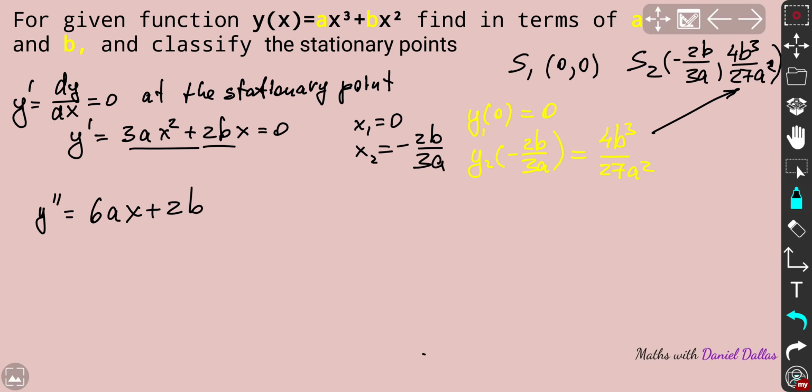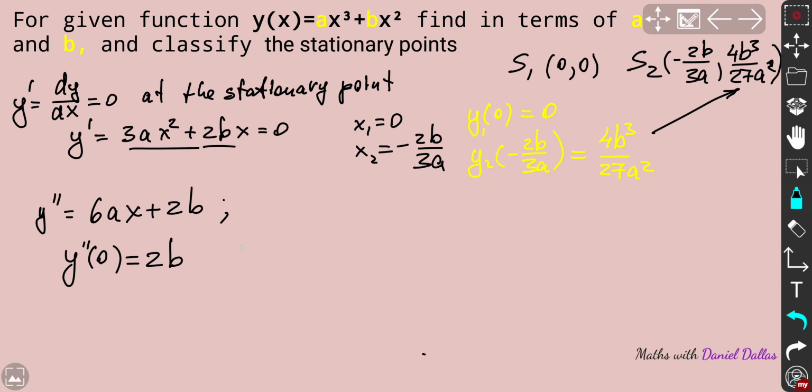Of course, the value will depend on both a and b, and also on x. So first we plug in the first point: the second derivative at the point 0 is going to be 2b. Depending on the sign of b, this might be positive or negative.